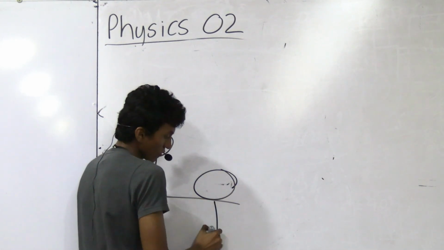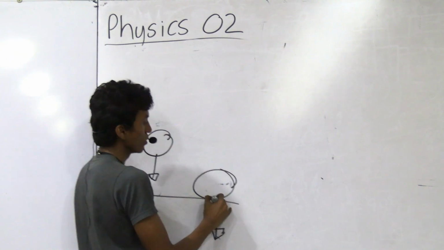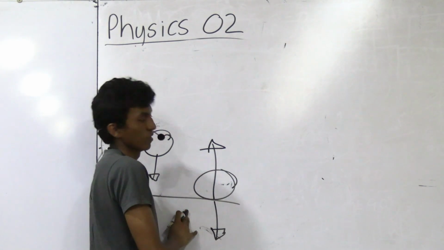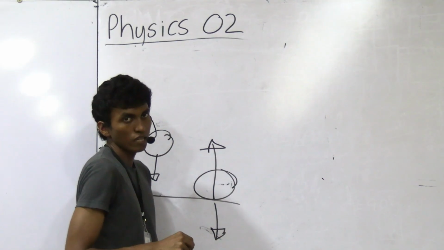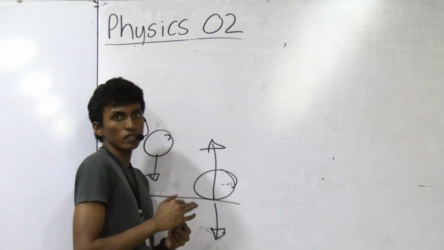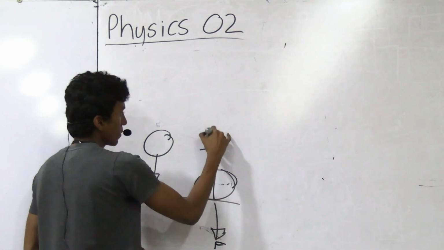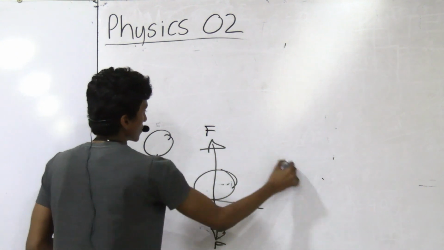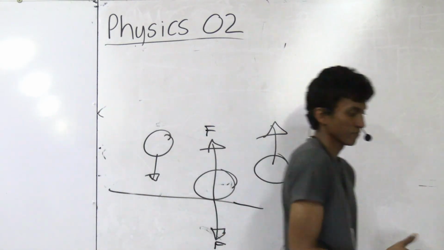The ball exerts a force on the ground, and according to Newton's third law, the floor also exerts a force on the ball. What does Newton's third law say? Every action has an equal and opposite reaction. So this same force that the ball applies on the floor is applied on the ball, so it bounces back. So answer number 1.